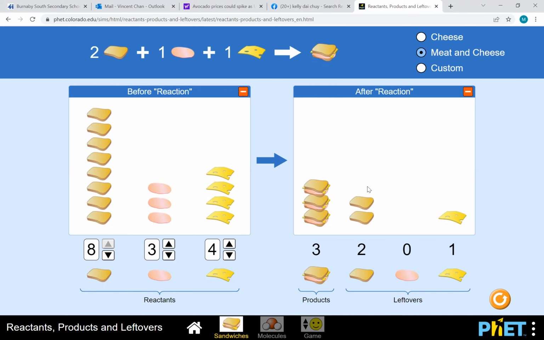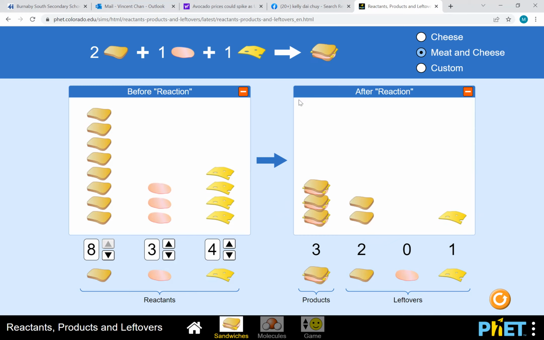Now, if we look back here, how did we calculate the leftovers for bread, or for the cheese? Most of you can probably know this off the top of your head, but are you able to verbalize it?